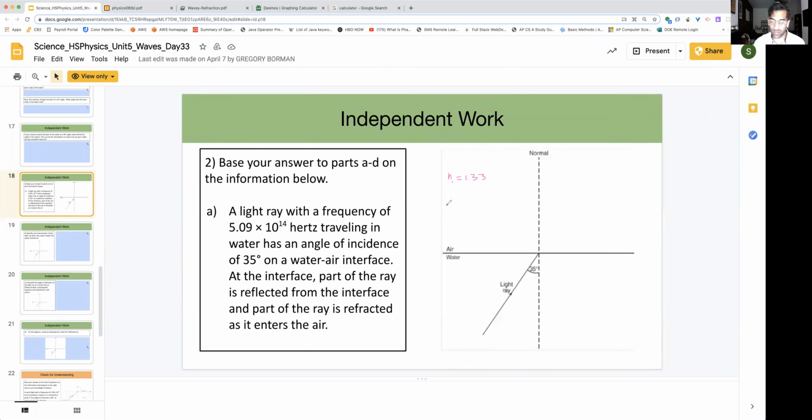And I remember from the previous problem that if I'm traveling into air, my N2 has to be 1.00. And now I also know my angle of incidence, all right? That's 35 degrees. So this time when I set up Snell's law, N1 sine of theta 1 equals N2 sine of theta 2.